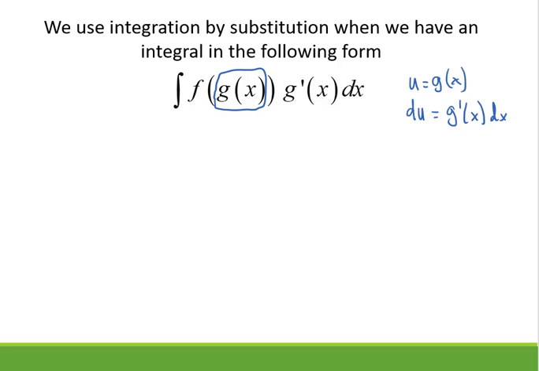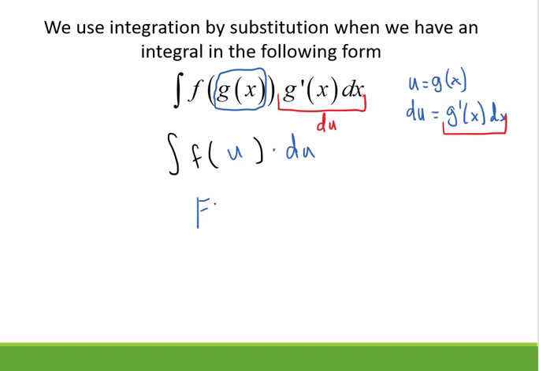So now this piece is my du, and I'm taking the integral of f of u times du. Well, that's big F in our notation plus c, and then we plug in g of x.